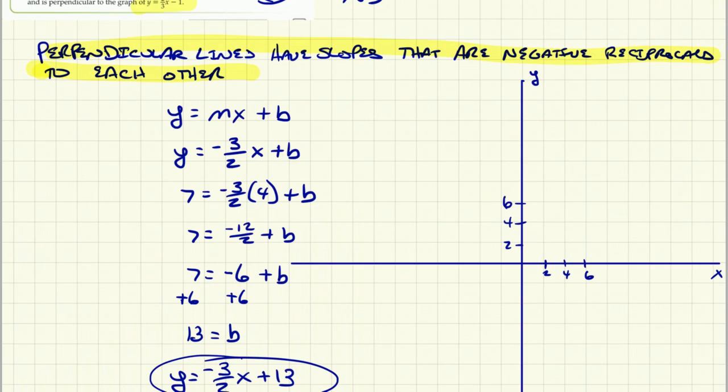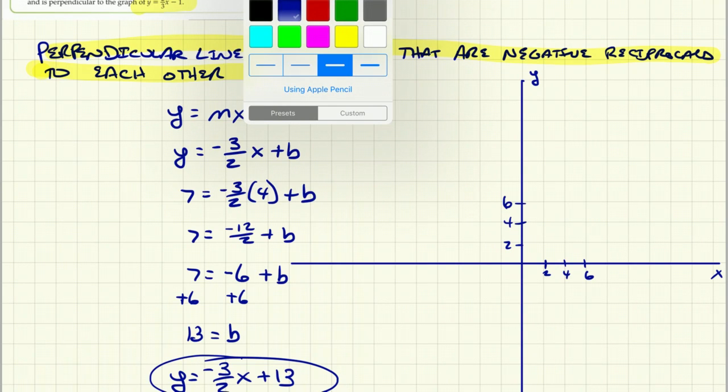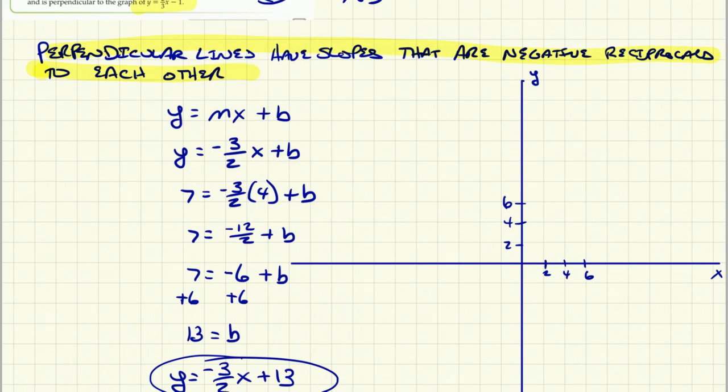Let's graph that. This equation has a y-intercept of negative 1. So negative 1 is going to be, let's do this one in red, here. Remember that our scale is at 2.